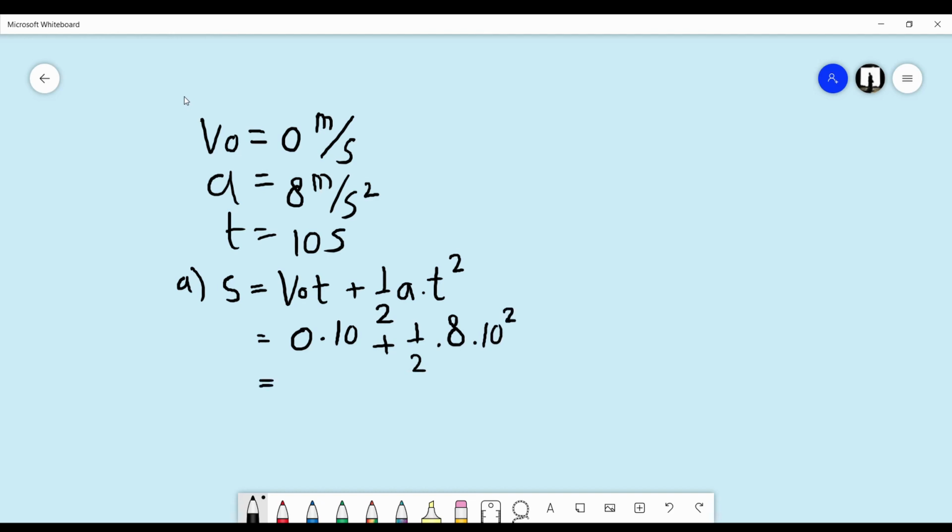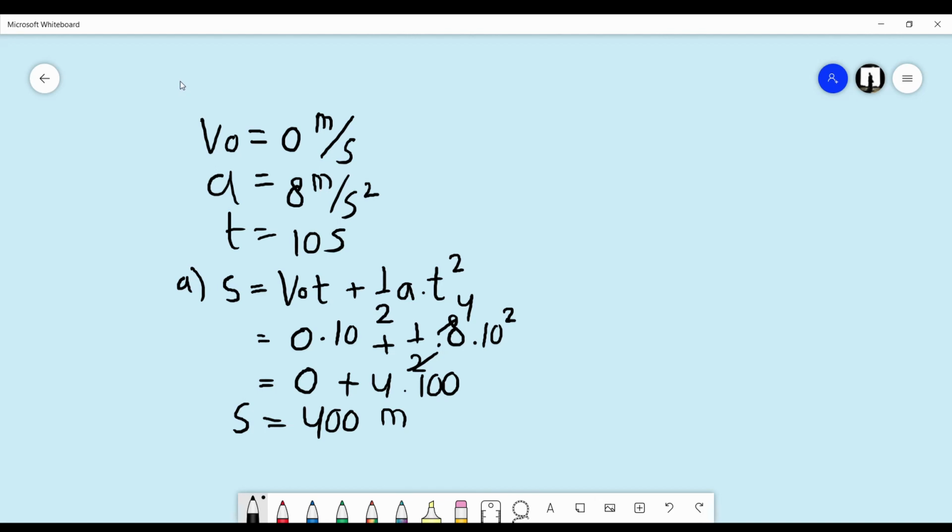So we can write it as 0 times 10 equals 0. Half of 8 is 4, so plus 4 times 100. So we have 400 meters. So the distance of it will be 400 meters.